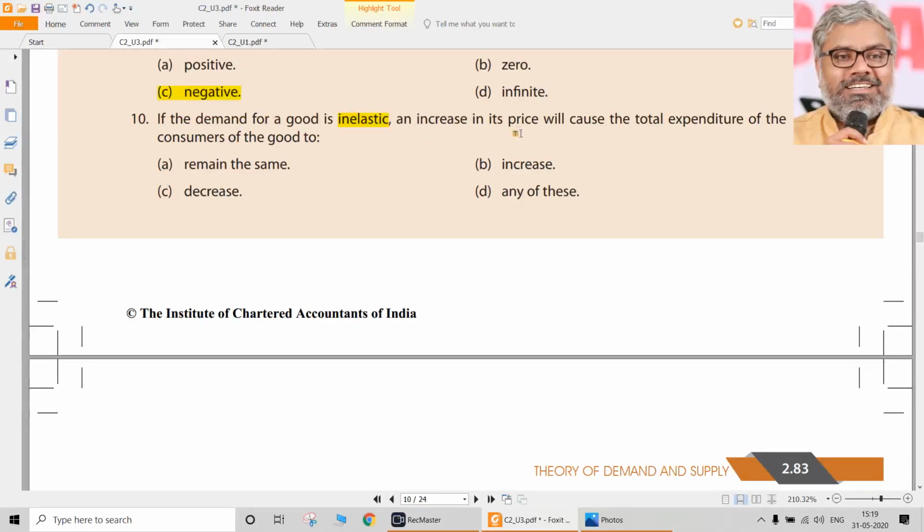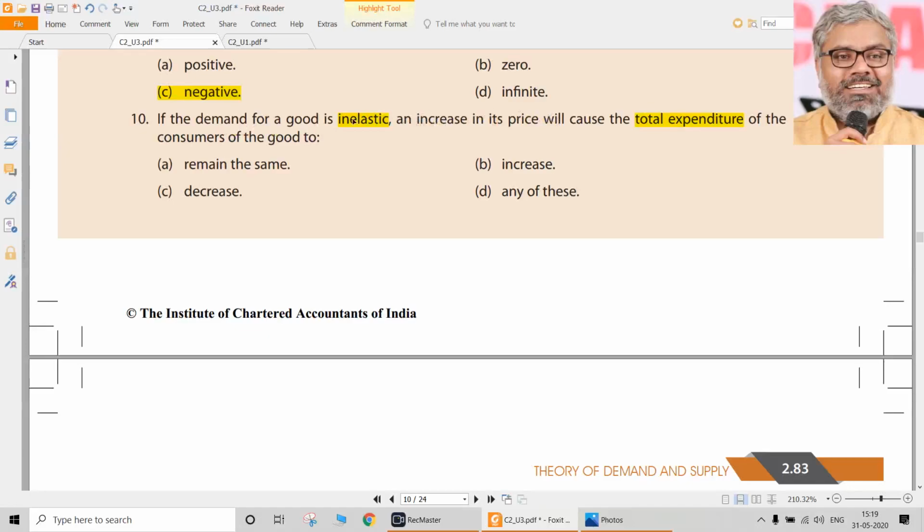Then an increase in its price will cause the total expenditure of the consumer of the good to increase, remain the same, decrease, or any of these. So you have to remember which method we are talking about here: the total expenditure method, total outlay method. That is what we can even call the total revenue method from the supplier's point of view.